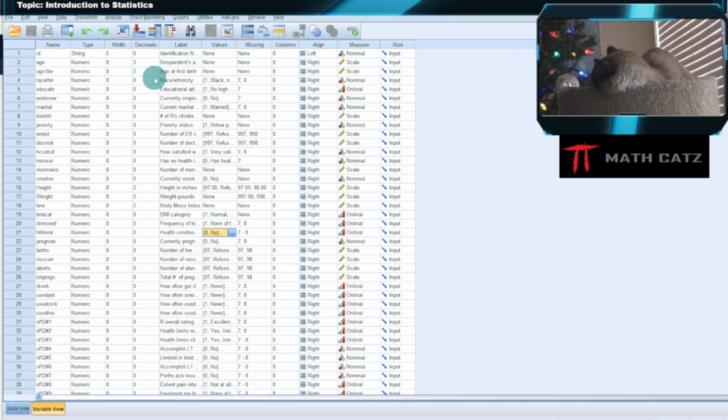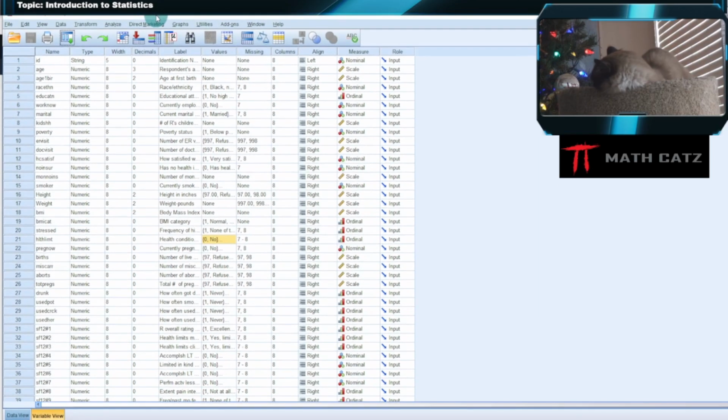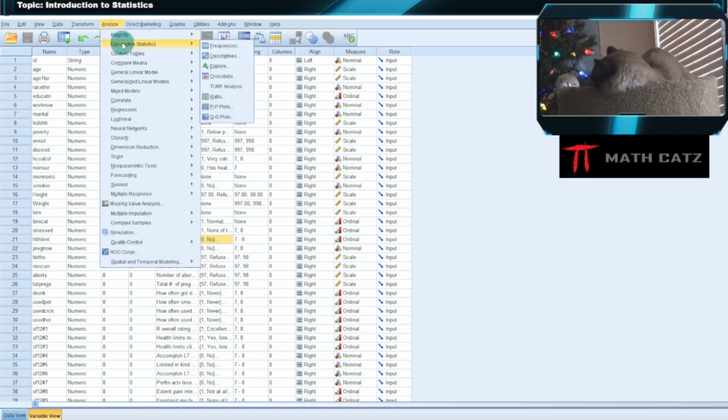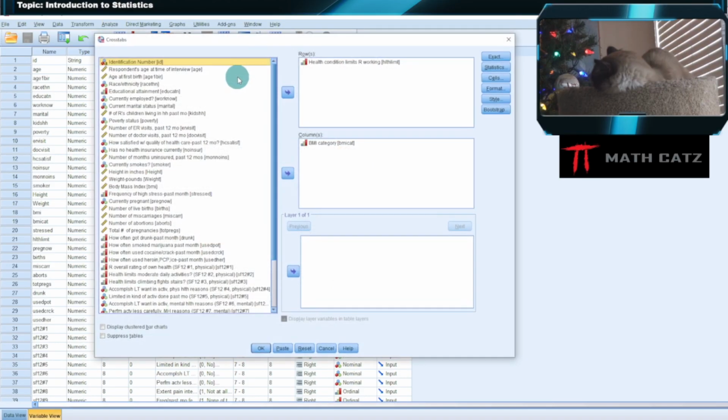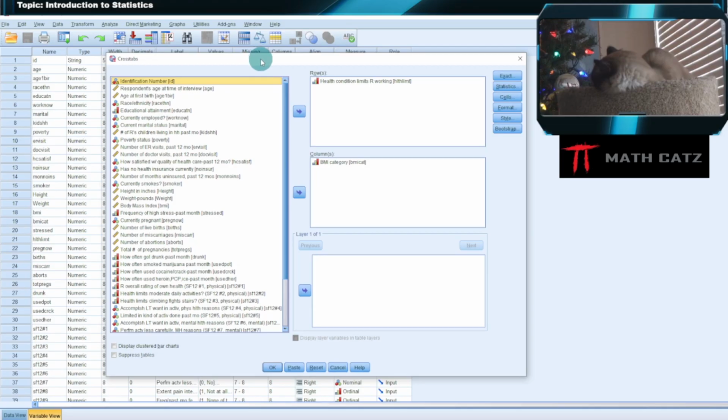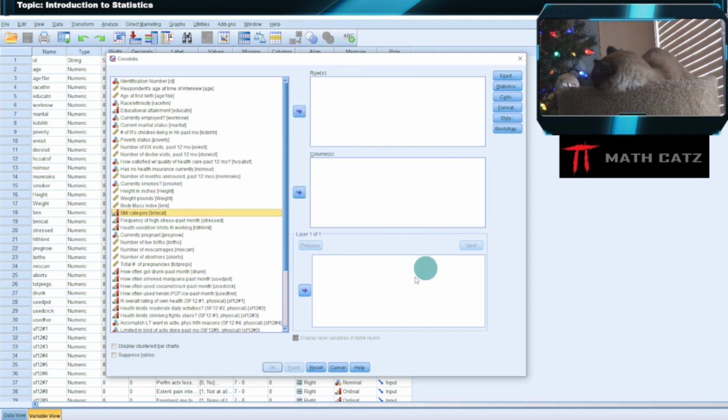So we are going to start by clicking on Analyze. Let me just make sure you can see the menu over here. We're going to click on Analyze, then Descriptive Statistics, Crosstabs. Now we need to pull in those variables. Now I already have this in here, so let me just remove it to show what you will probably see.